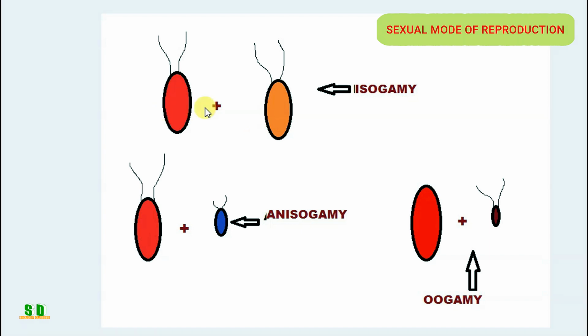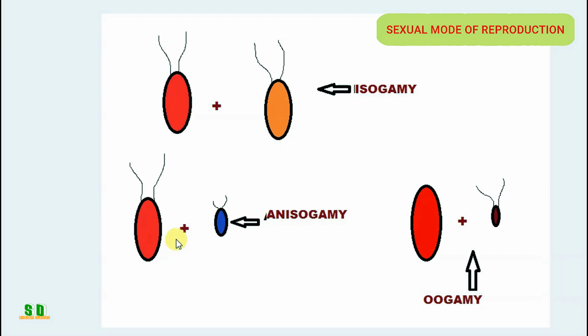The union of two morphologically similar gametes is called isogamy or isogamous type of sexual reproduction. The example is Spirogyra. This type of sexual reproduction, where both gametes are morphologically identical to each other, is seen in the member Spirogyra.